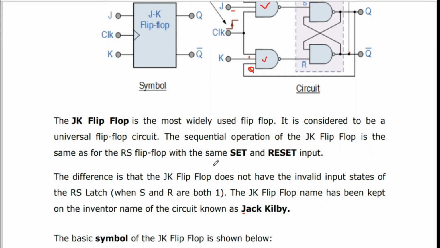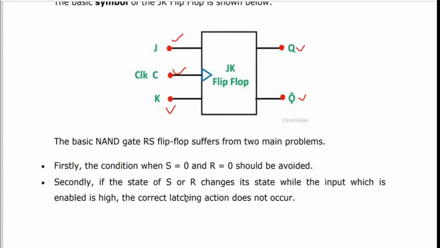The only change that you could see in JK flip-flop is when both J and K are 1, which is an invalid state or a state which is not acceptable in your SR flip-flop when both S and R are 1 1. Now, the basic NAND gates are used in building your JK flip-flop, as we have used them in your SR flip-flop also.